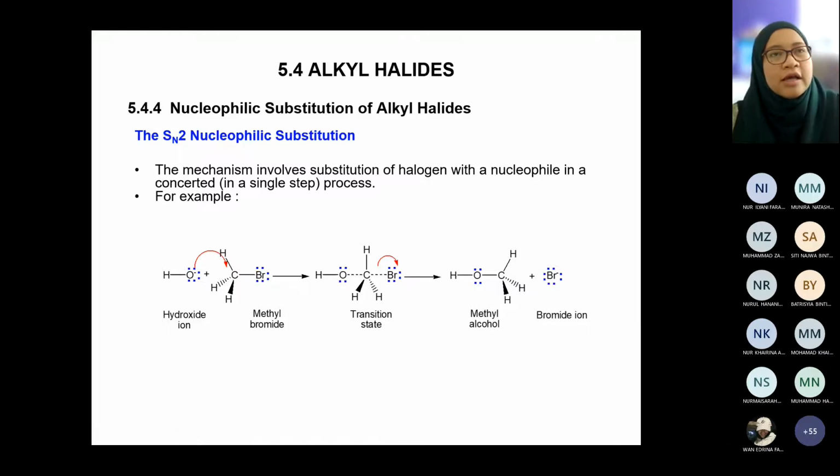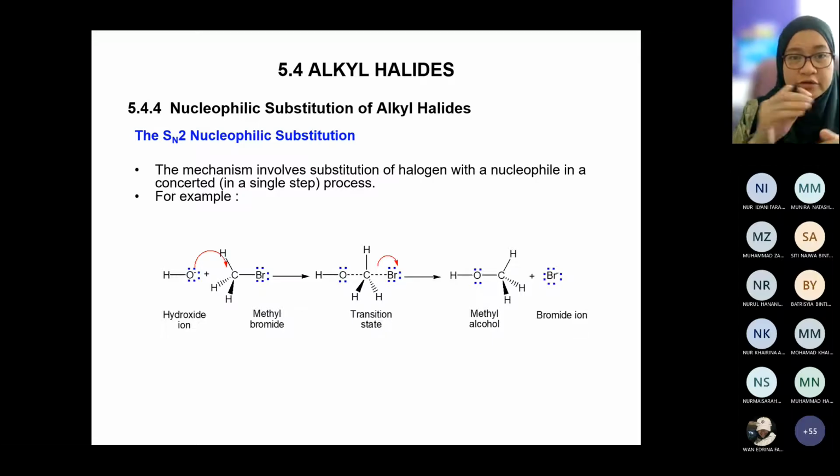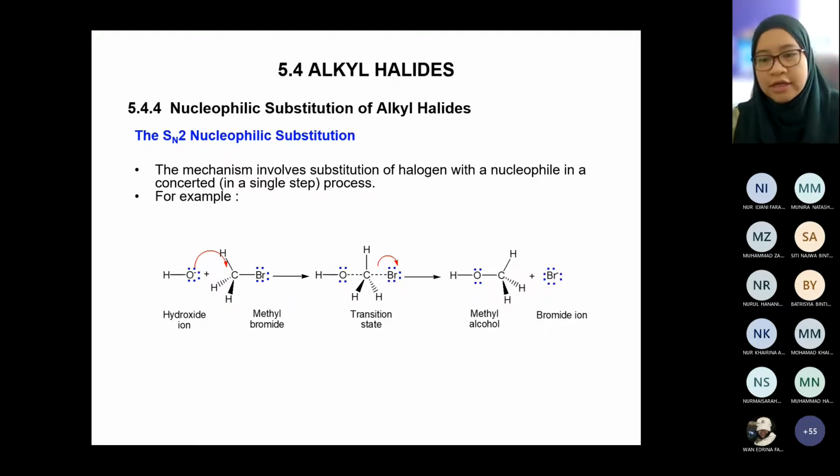Maksudnya dia bukan macam formation of carbocation last time dalam alkyne kan. So they form carbocation, and then next, the nucleophile attacks the carbocation. So it proceeds in 2 steps. But this one, dia tak ada formation of carbocation or whatnot. They proceed terus. As you can see, we have an intermediate or transition state and then quickly form the final product. So that's why they kata single step.